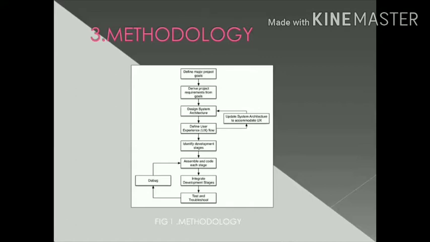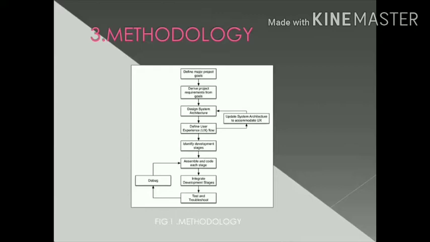In the system architecture design, we design the whole project, where architecture diagrams are made, and using that architecture we design the system. Next, coming to define the user experience flow.